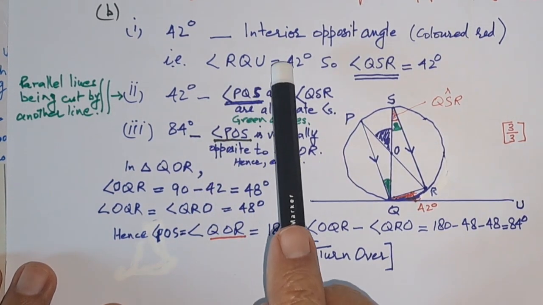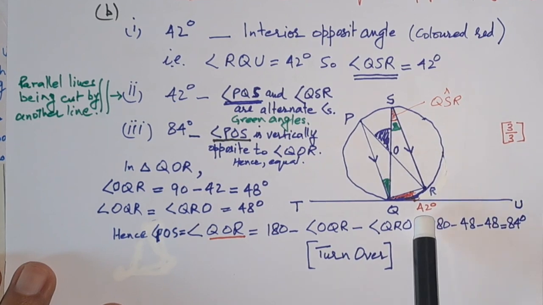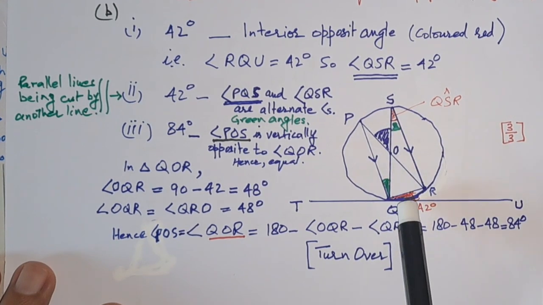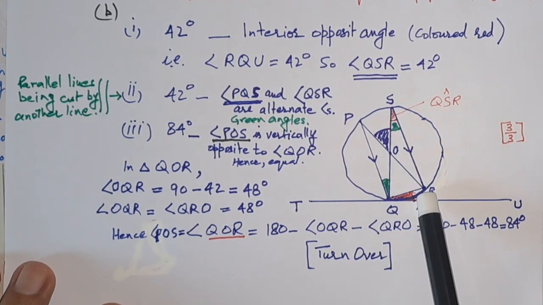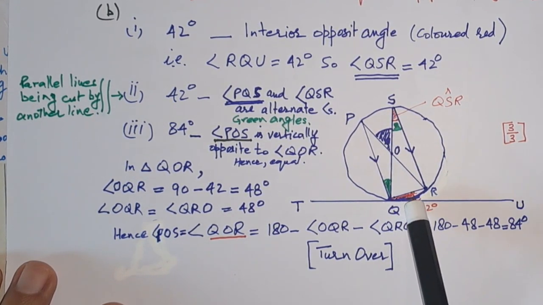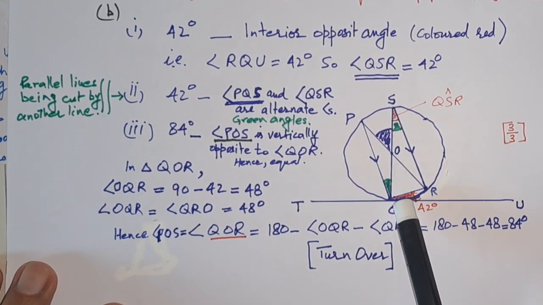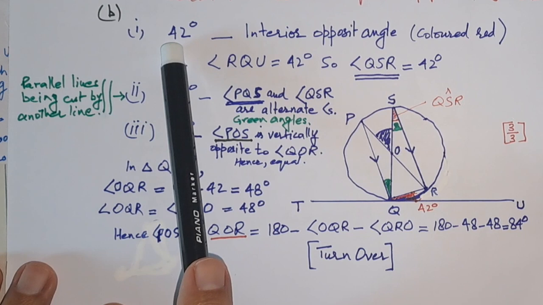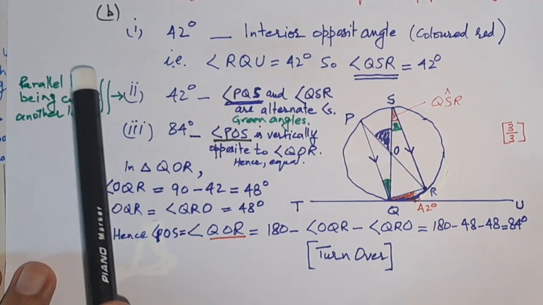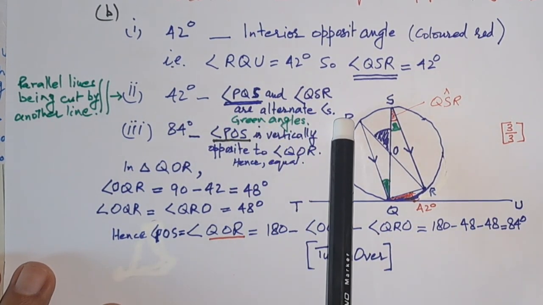If we look at this angle RQU, it is 42 degrees given in the question, and QSR is the interior opposite angle to this. That means this angle is inside the triangle but opposite to the exterior angle over here. So this angle and this angle are going to be equal, so we write down 42 degrees here and get 1 mark.